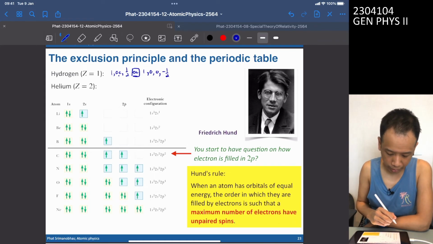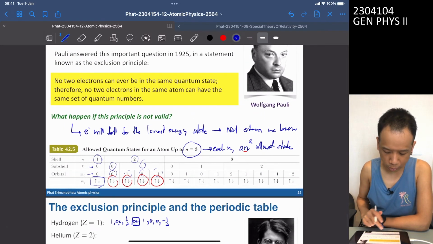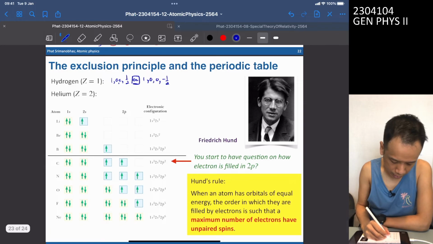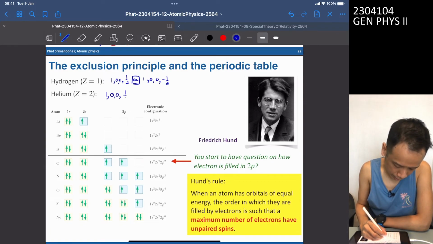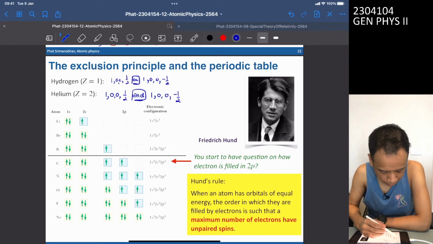For helium, from the Pauli principle, you cannot have 2 electrons in the same quantum state. So for helium, you need to have 1, 0, 0, plus half, and 1, 0, 0, minus half.